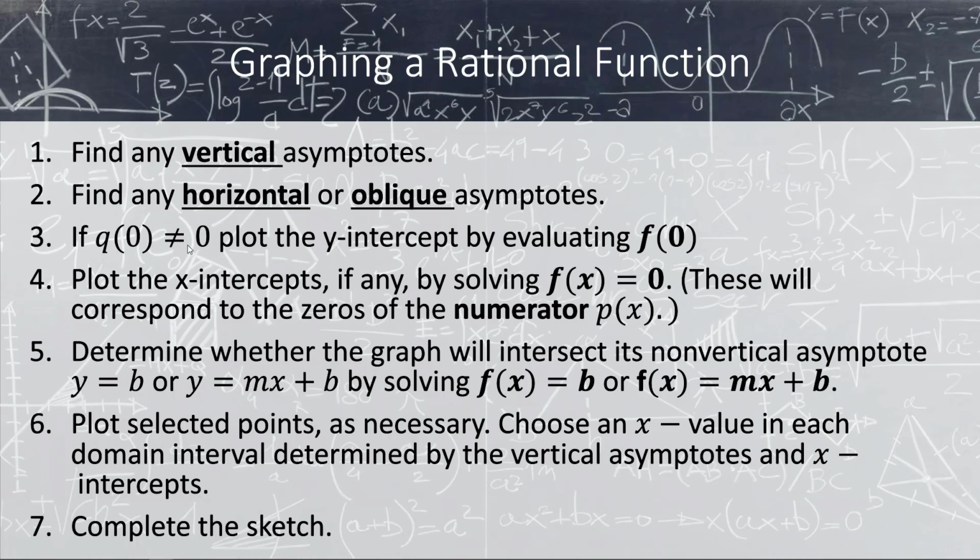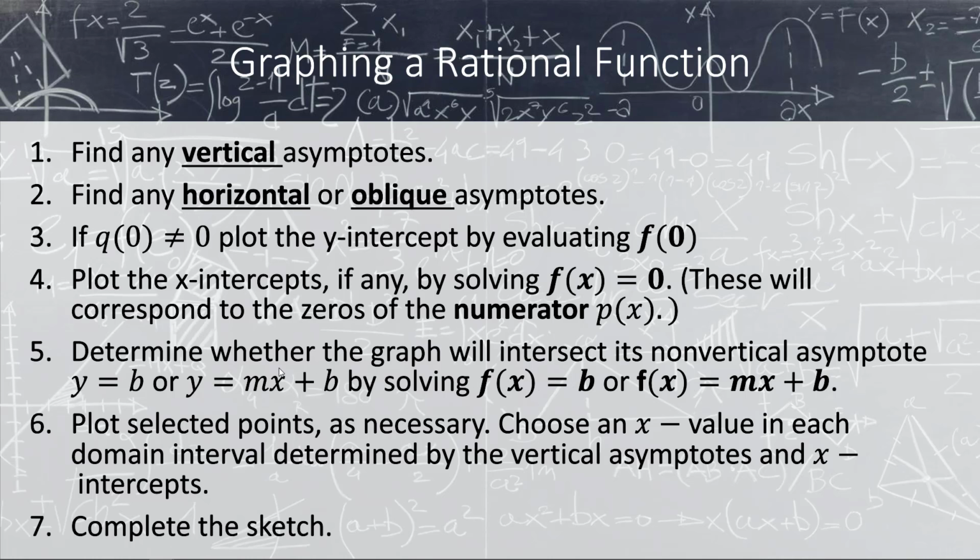Then we want to plot the y-intercept if you can. Of course, if the denominator is equal to 0 when x is equal to 0, you cannot plot your y-intercept. And then we want to plot any x-intercepts, and those x-intercepts will be the zeros of the polynomial in the numerator. Then you want to determine whether your graph will intersect its non-vertical asymptote.